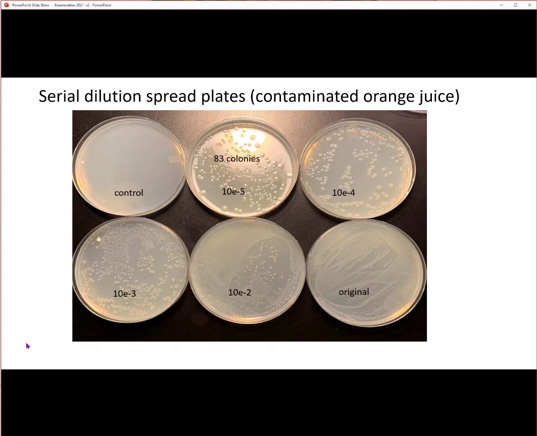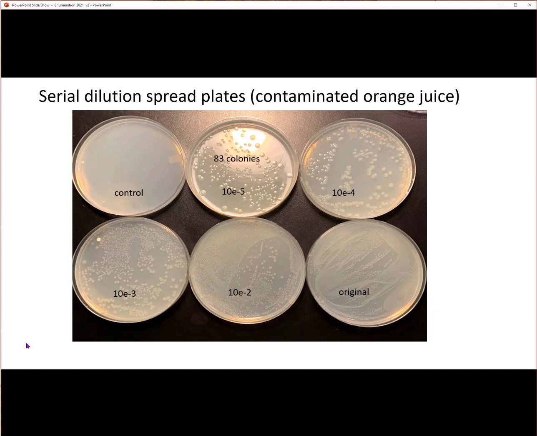Serial dilution or spread plates is a method where you take an original sample, you dilute it out, and you plate each dilution on a different plate, usually in replicates, to see what the CFU per ml is, what's the concentration per milliliter in your sample.